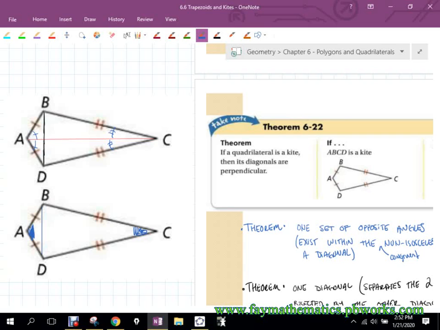You can think of it, if we look at this set of triangles down here, you can think about angle A as the vertex angle of that isosceles triangle on the left, and angle C as the vertex angle of the isosceles triangle on the right. Those vertex angles of the isosceles triangles are the ones that get bisected.